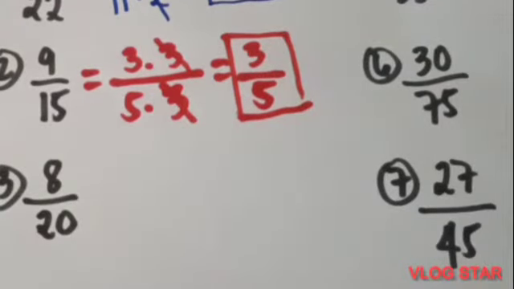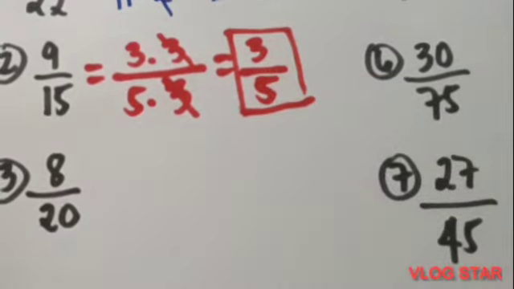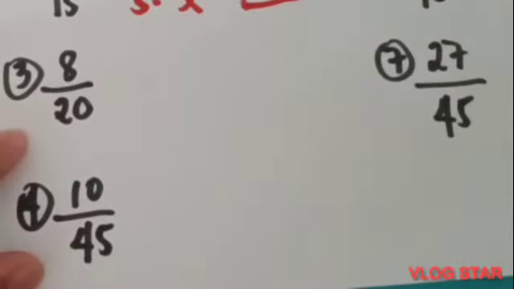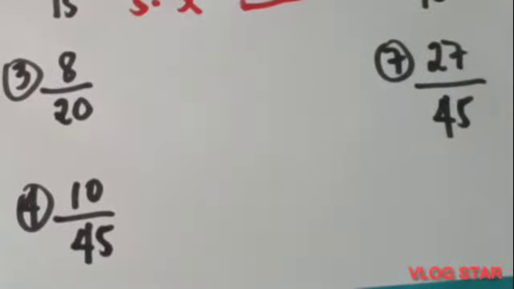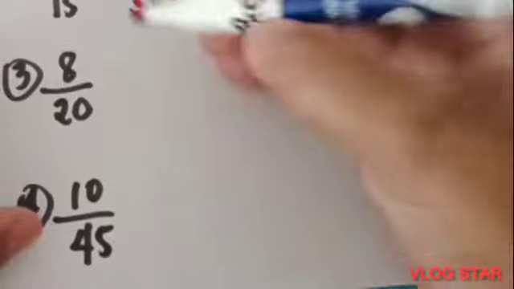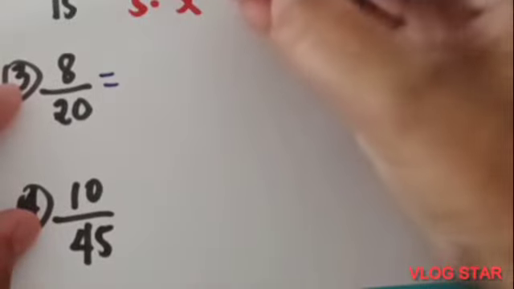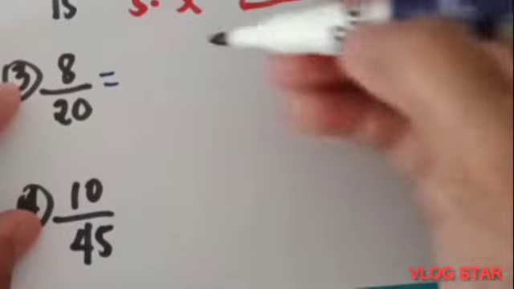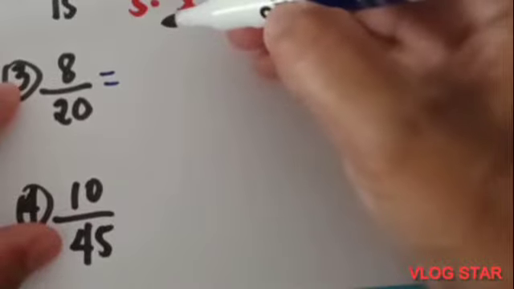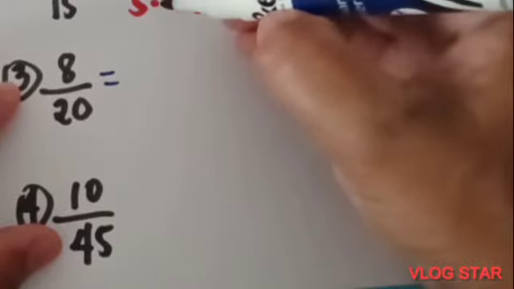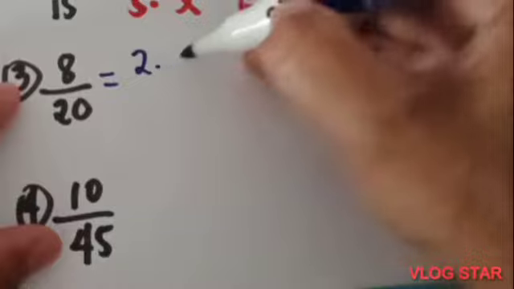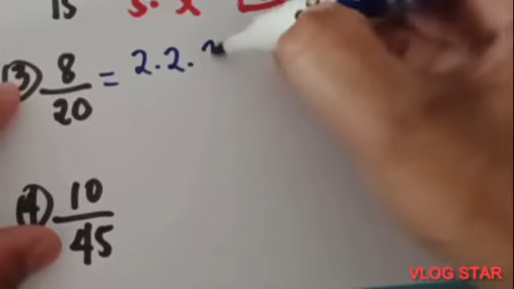Sumunod, sa example number 3, mayroon tayong 8/20. So, ang factor ng 8 is 4 and 2. Yung 4, pwede natin i-factor ulit. So, 2 and 2. So, 2 and 2 and 2.